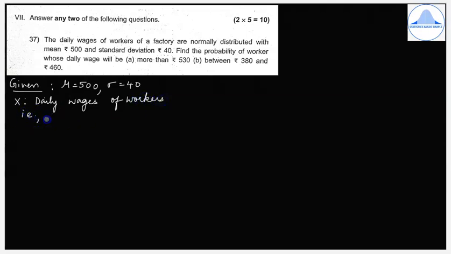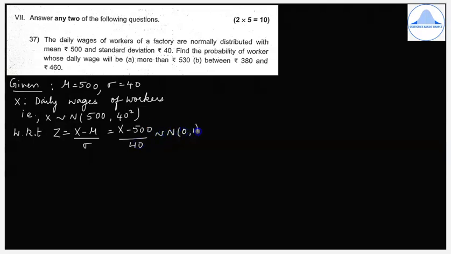So that is X follows normal, mu comma sigma square, so 500 comma 40 square. Now the important formula is we know that Z is equal to X minus mu divided by sigma, which is equal to X minus 500 divided by 40, and this follows normal 0, 1. So this formula is important.